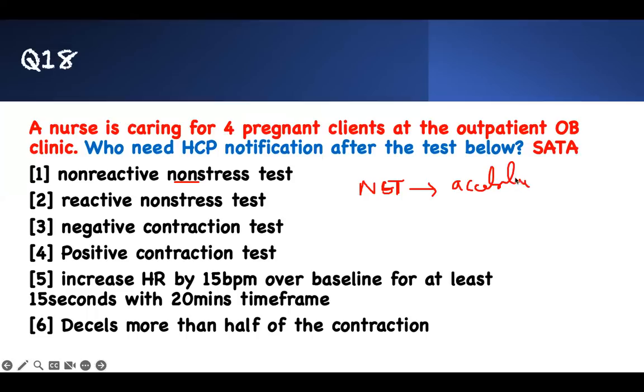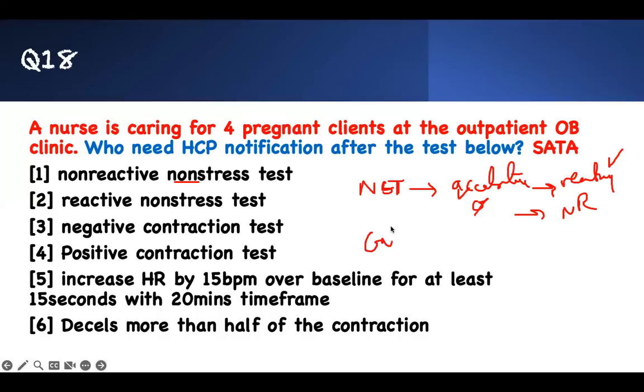If you accelerate, you are reacting. If you have no acceleration, you are non-reacting. That's all. So this is the problem with the non-stress test. I want acceleration. I want you to be reactive. If you are non-reactive, I don't like it.